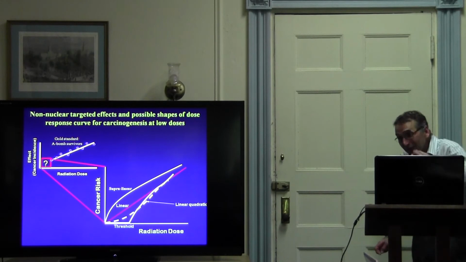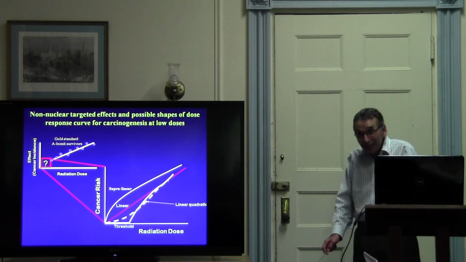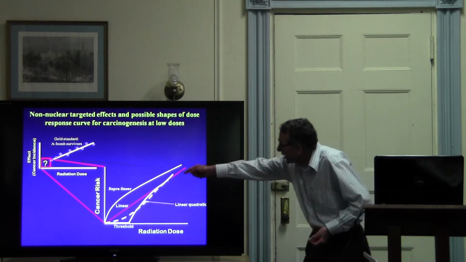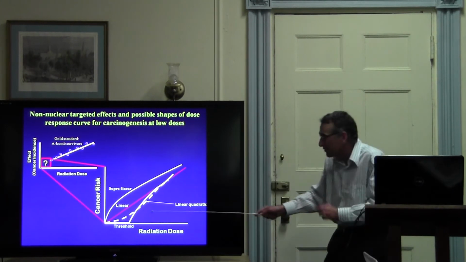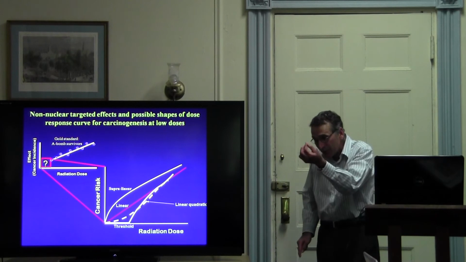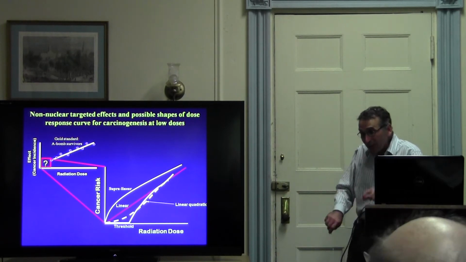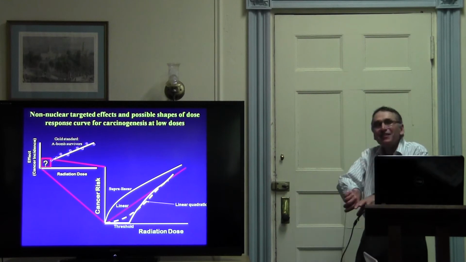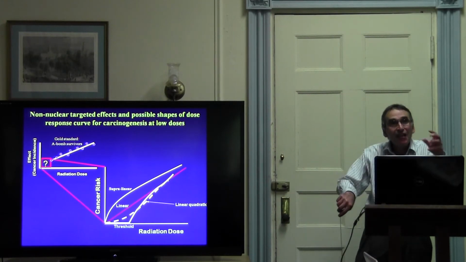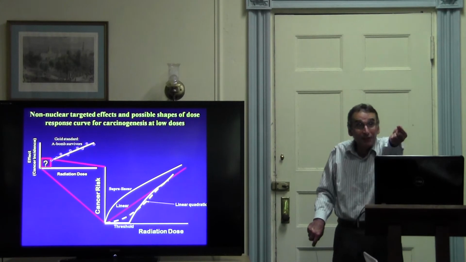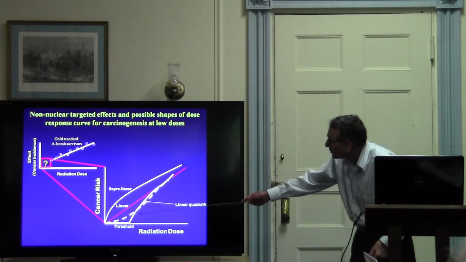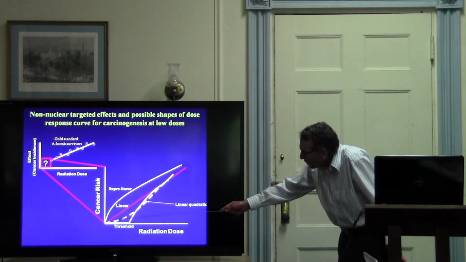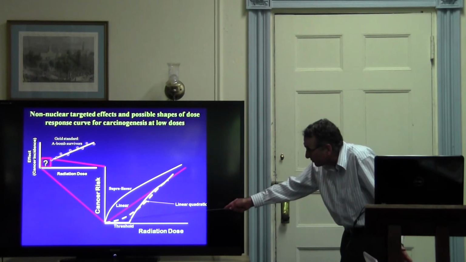If non-targeted effects of radiation exist, it has been assumed, regarding this question mark, that the cells that don't receive a nuclear hit but receive a cytoplasmic hit, or, as Charles has introduced to us, even cells that did not see radiation, in which we have seen p21-WAF1 induction, mean that the risk might be supralinear. Of course, some people believe that we have a threshold.